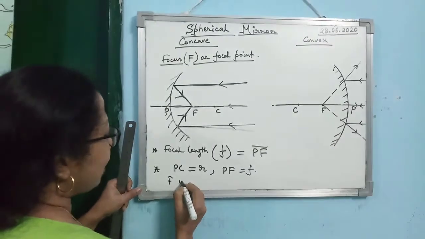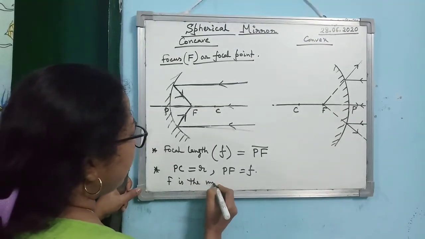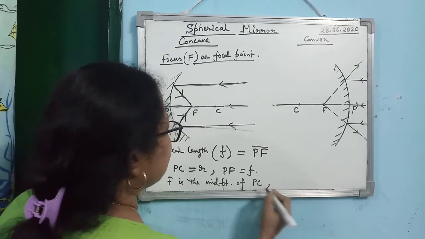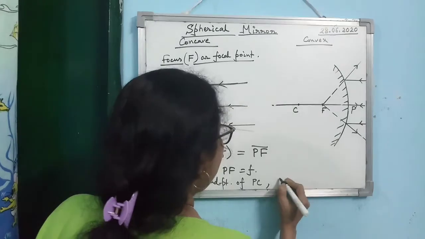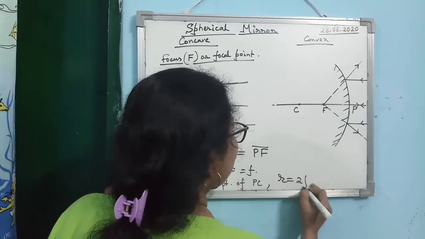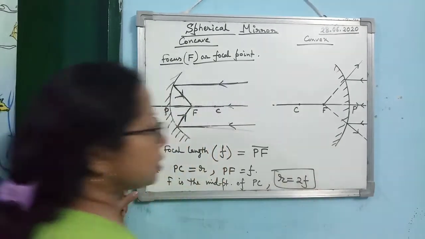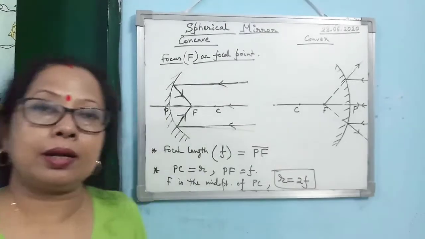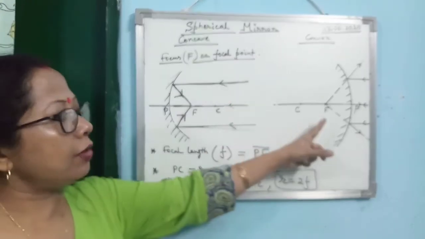So as F is the midpoint of PC, what you can write here is that R is equal to twice F. This is the relation between radius of curvature and focal length of a spherical mirror. It is true for both concave and convex.